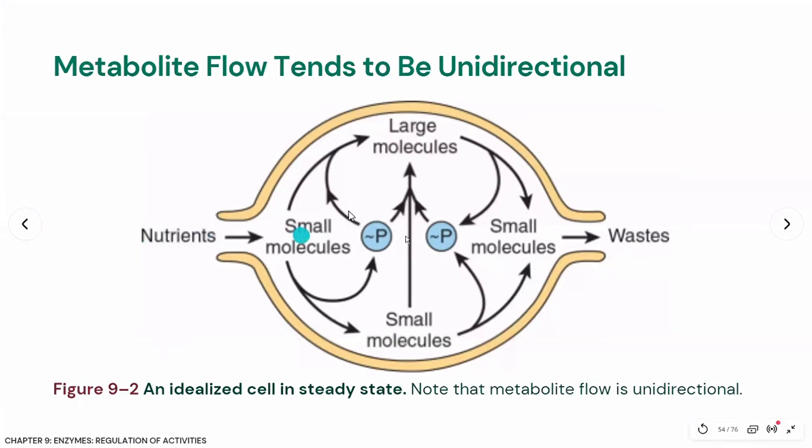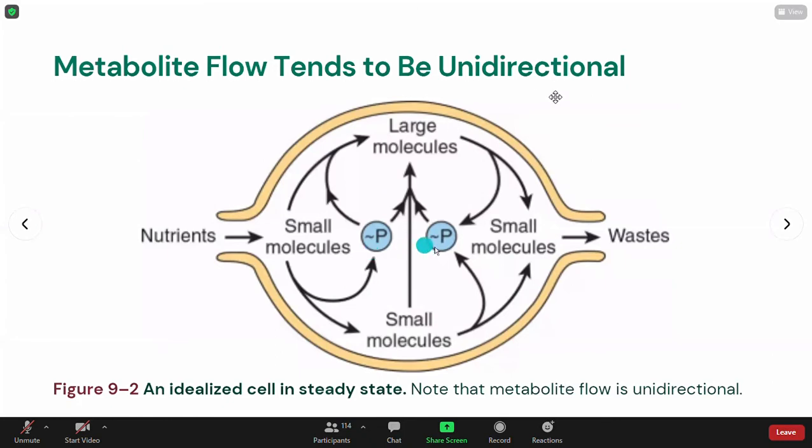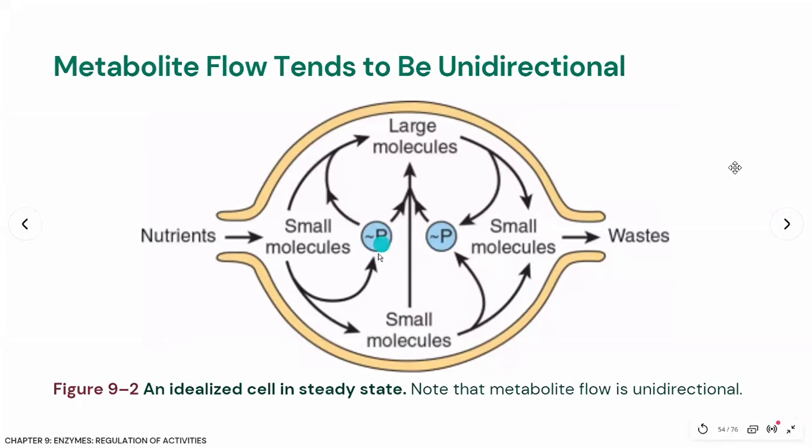Nutrients come in, waste products go out. But before the waste products go out, there are a lot of reactions occurring, utilizing high energy phosphate. That's the squiggle there. The squiggle with a P means high energy phosphate.